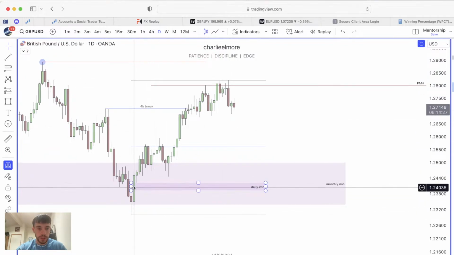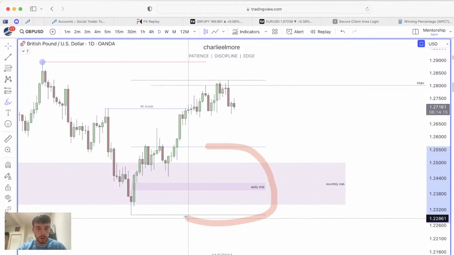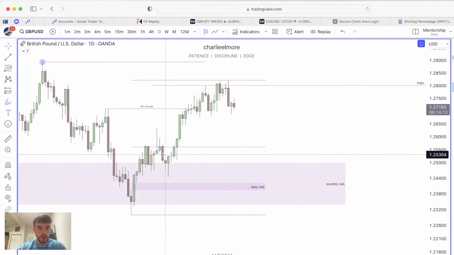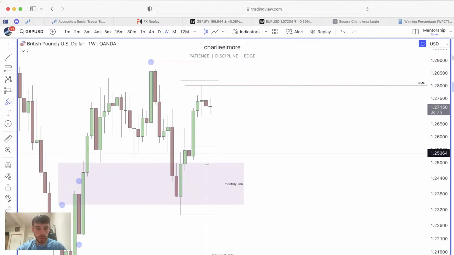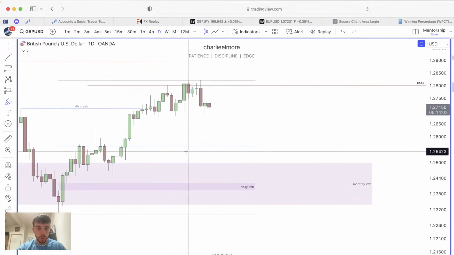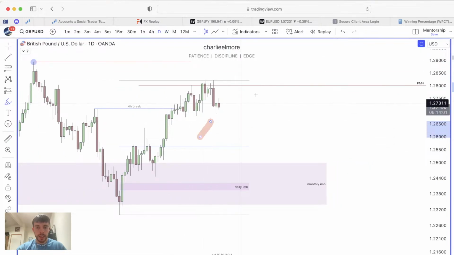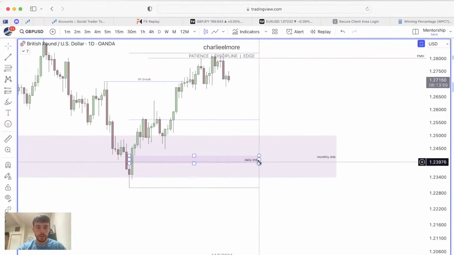Look, this is the only available fresh imbalance within this entire discount zone. Everything else has been used, or there isn't one. There wasn't anything on the weekly. And going down one more time frame, obviously on the daily we can see that. So this could be a very, very nice area for price to be magnetized into.